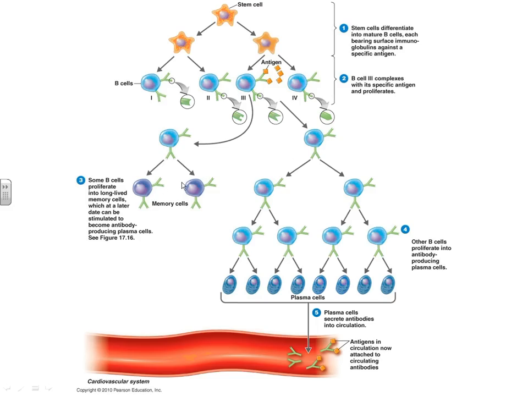Immediately, the memory cells can bind the antigen, turn into plasma cells, and make antibodies. We can get antibody production much quicker during the second exposure because we made the memory cells the first time.